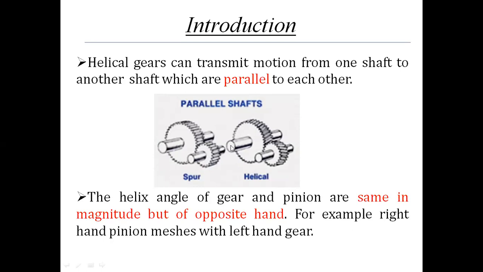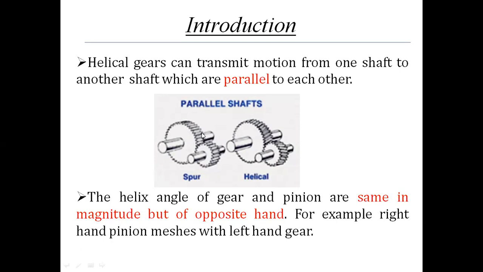The same thing happens in helical gear also. The axis of rotation of the pinion is parallel to the axis of rotation of the gear. This is the similarity of both spur and helical gear. So the similarity is there. What is the difference?